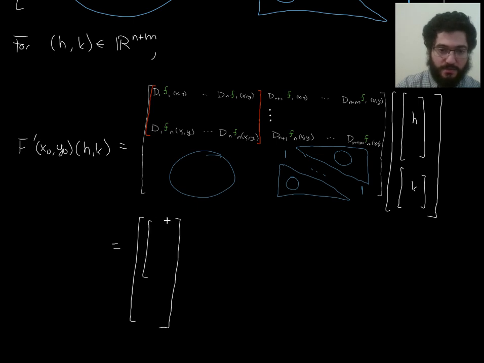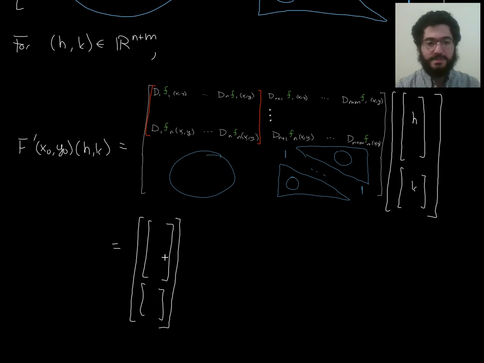So it has these first n components and these second m components. And these are as follows, just applying the definition of matrix multiplication. So this first n components, this is what you get when you apply the top half of this to this vector.